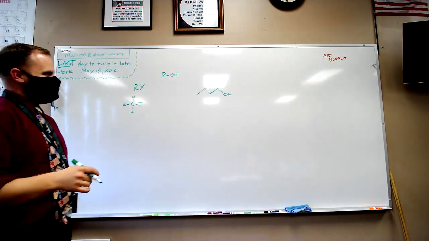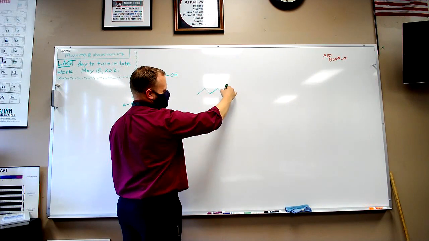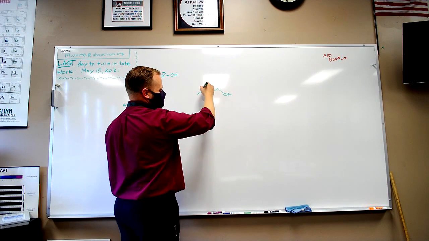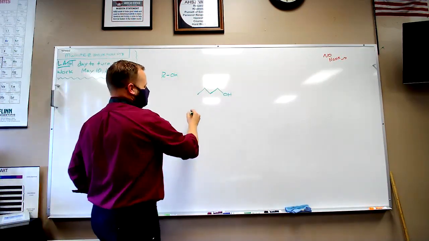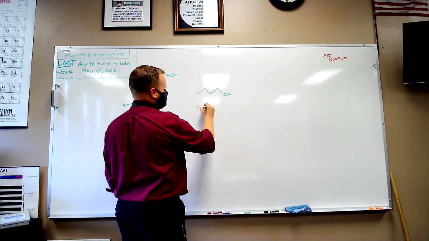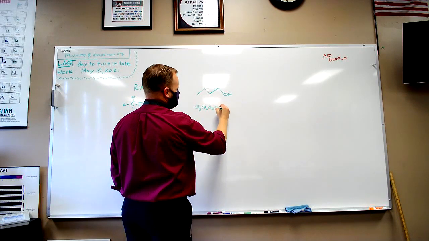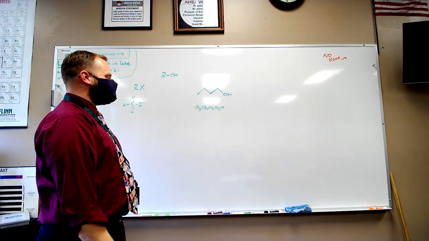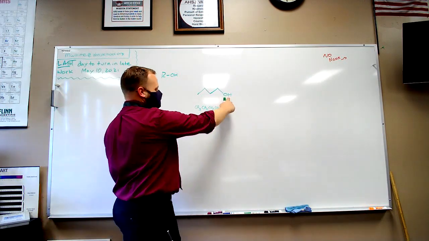Now when we draw this, right here is a carbon, but that's attached straight to the oxygen. So there's only 1, 2, 3, 4 carbons in that drawing. We do the condensed structure right here. So 4 carbons with that OH.